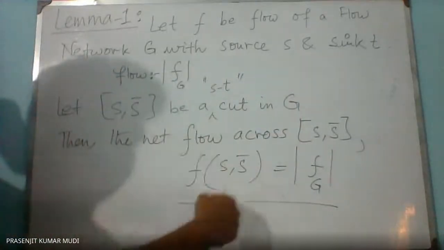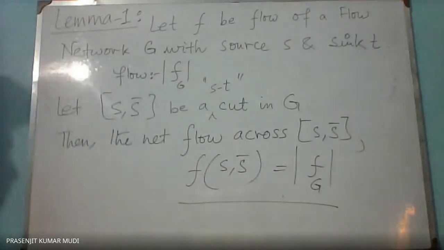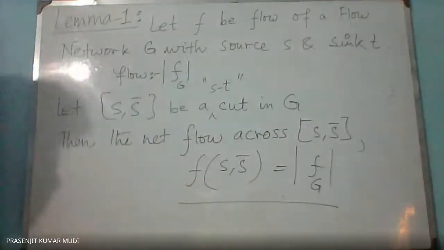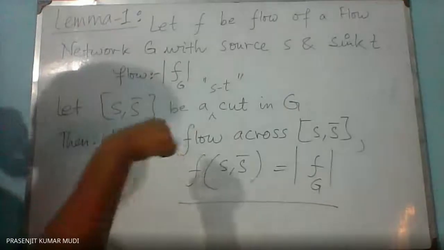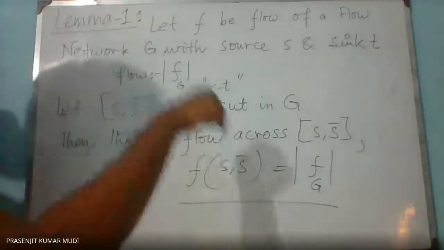This is something which we have not computed yet. Okay, what is the flow across the cut? And this lemma says the flow across a cut S comma S bar is actually equal to the flow of the network.